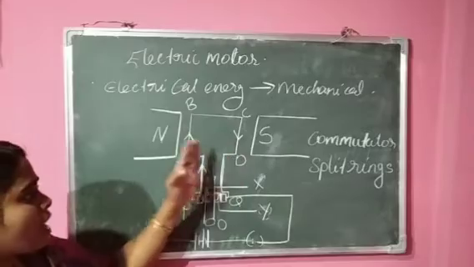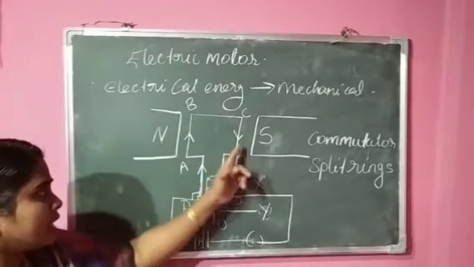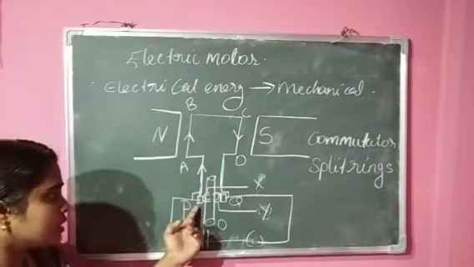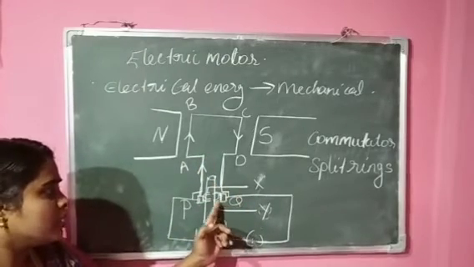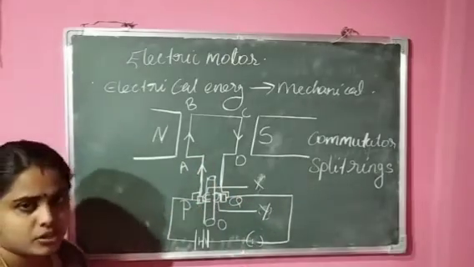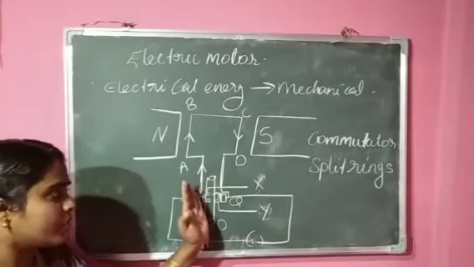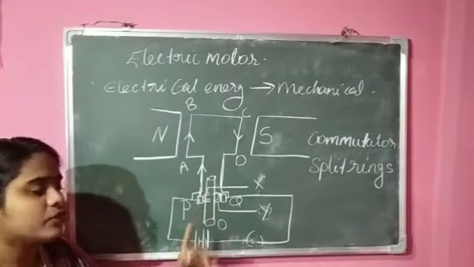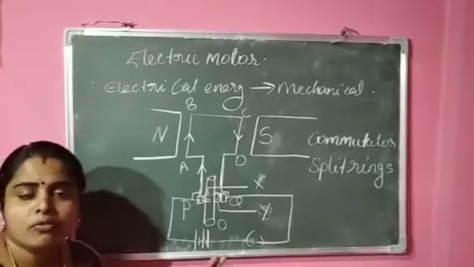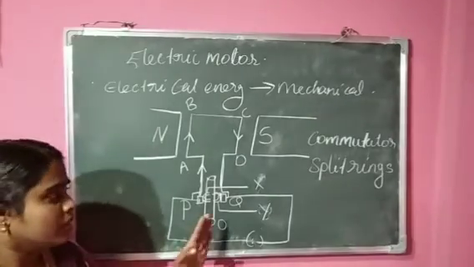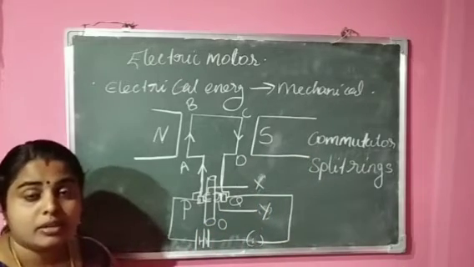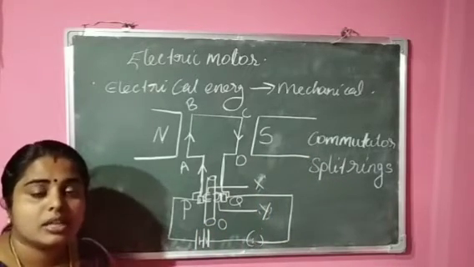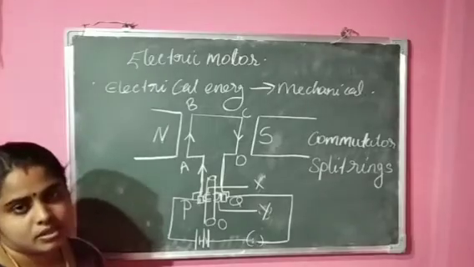And after half rotation, the side CD is in contact with the brush X and AB is in contact with the brush Y. So here it changes the direction of current. For each half rotation, these two half rings change the direction of current. So these rings act as a commutator. Commutator means the device which changes the direction of current.